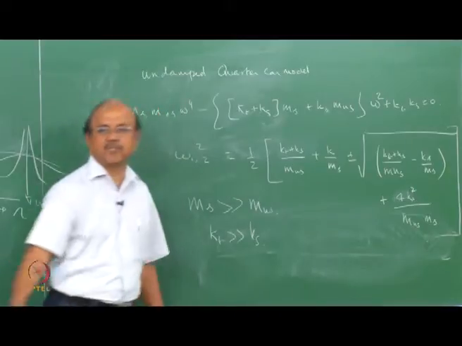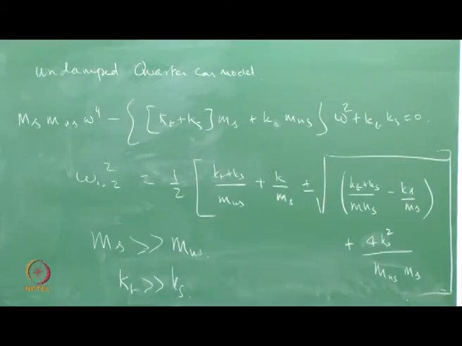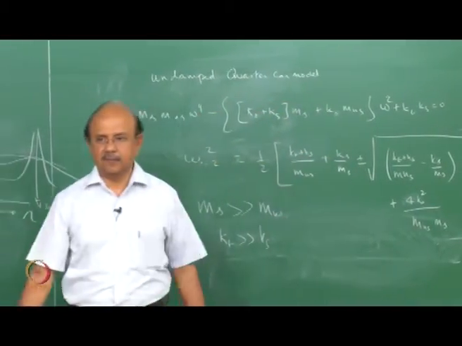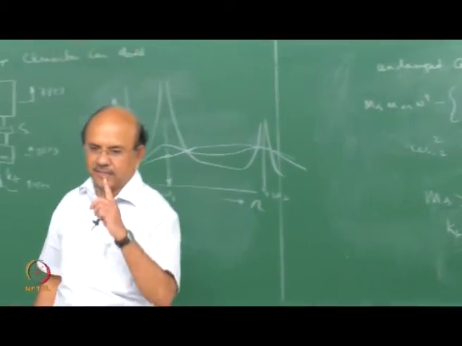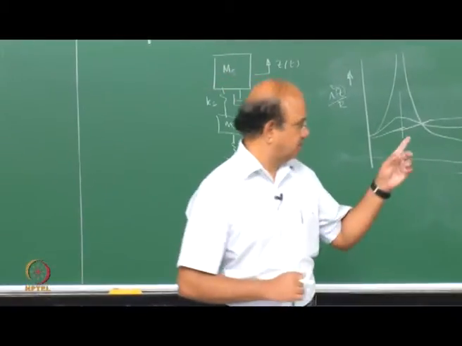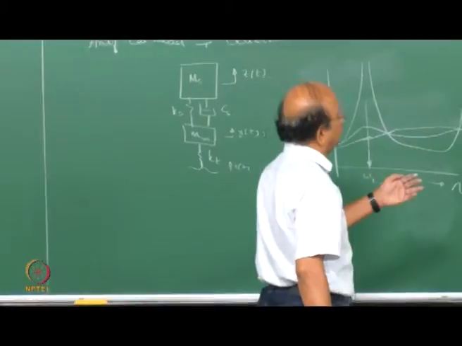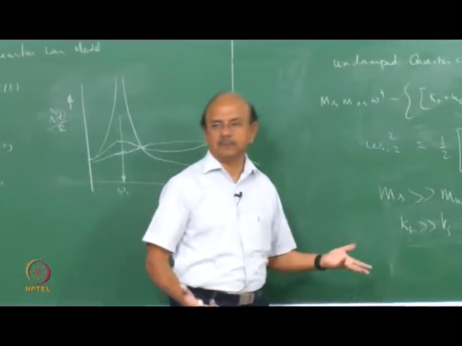These two assumptions are not assumptions, they're facts of life. This should be Ks. I'll just check that. I think it's Ks. I'll just check that next class. So these two are well known, right?